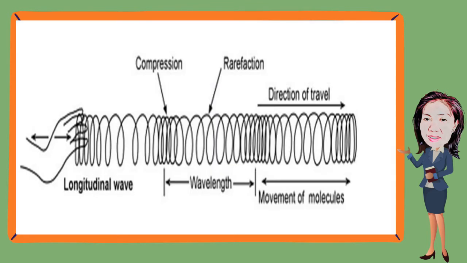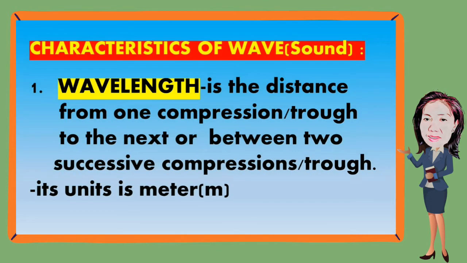So ang wavelength dito, class, is from compression to compression. Pwede din from trough to trough. That is why ang meaning ng wavelength is the distance from one compression or trough to the next compression or trough. Okay? And the unit of wavelength is meter.